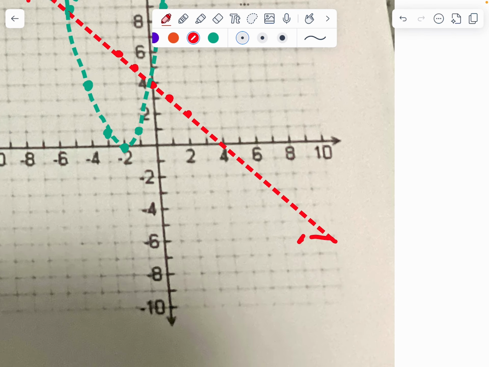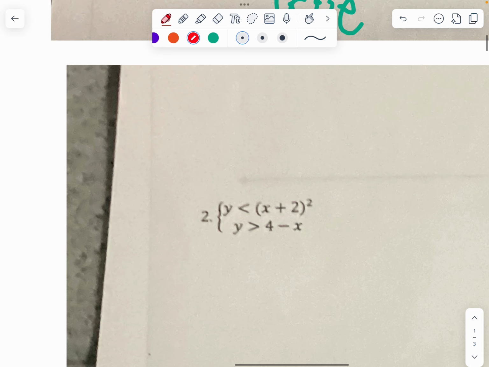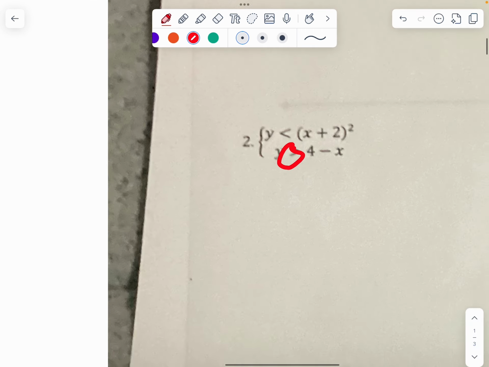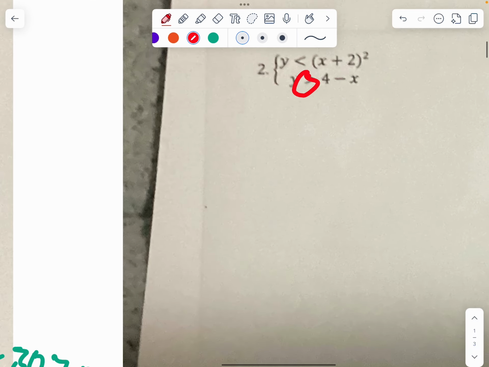They're both dashed because they're both just less than or greater than.